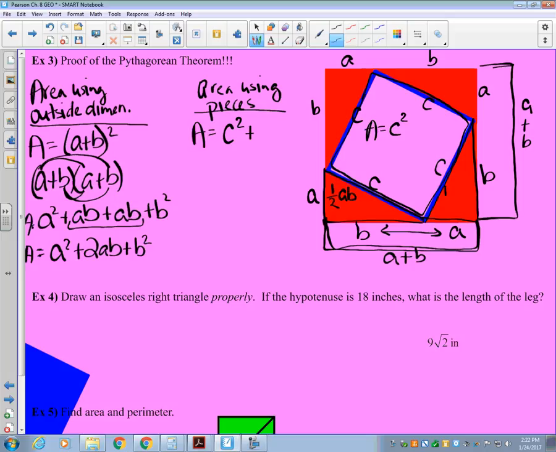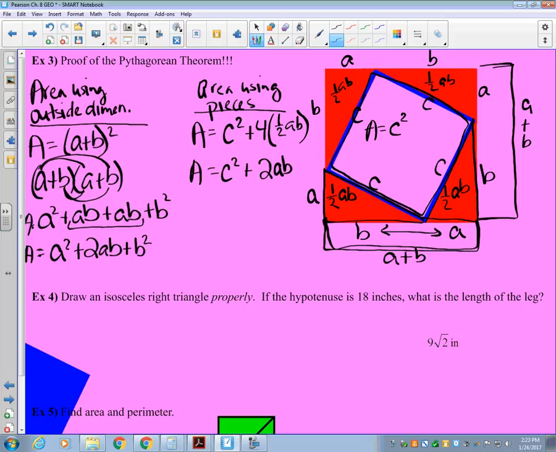And then I look and see, oh yeah, I have 4 of them. So I'm going to add 4 triangles, 1/2 AB. So let's go ahead and simplify that. 4 times 1/2 is 2 AB.